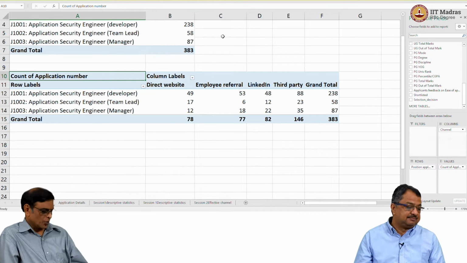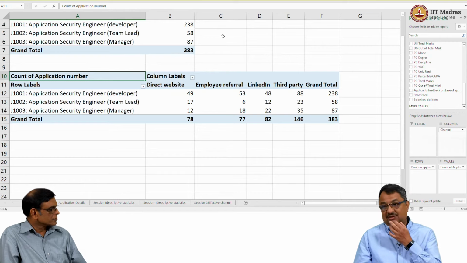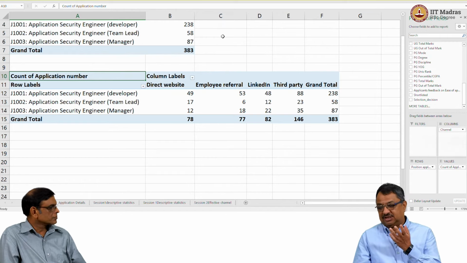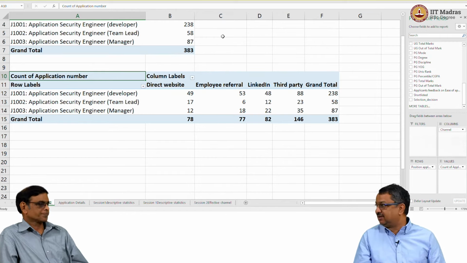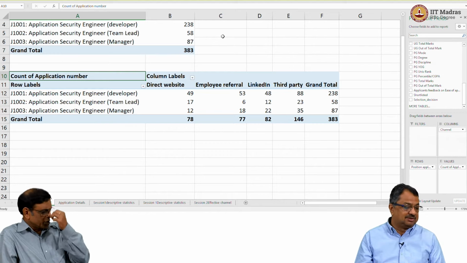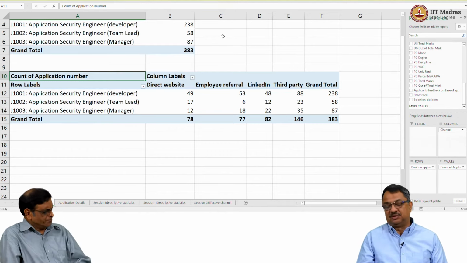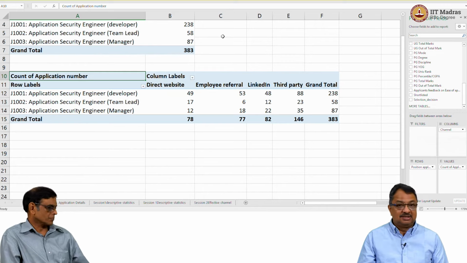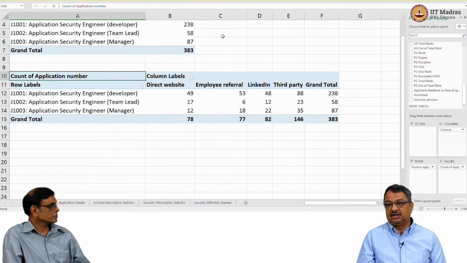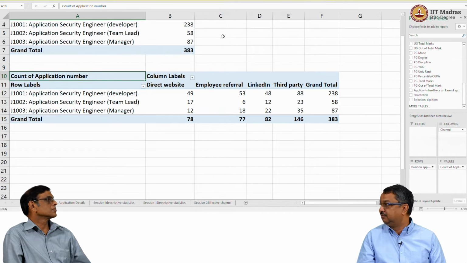So what are these parameters? One is what percentage of the applications did you receive from this channel. And we looked at that in some form. Which one is contributing the most? The second one is on an average in a week, how many applications do you get? Week-wise performance of the channel.